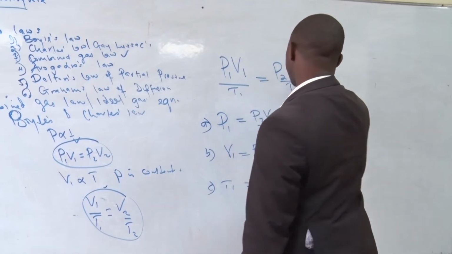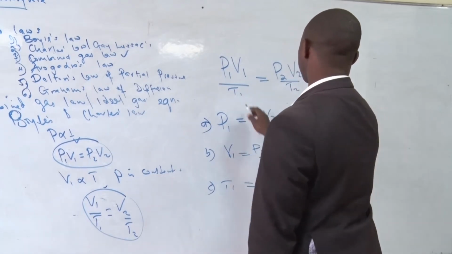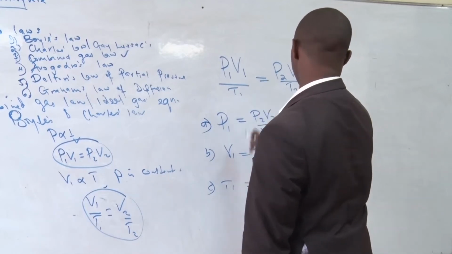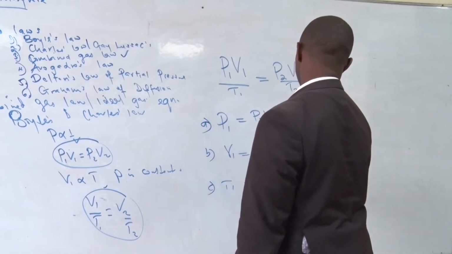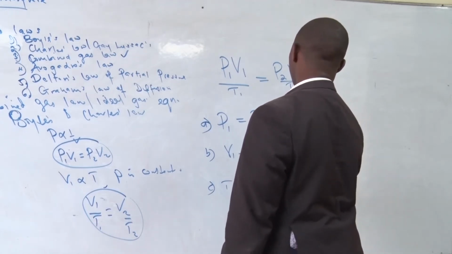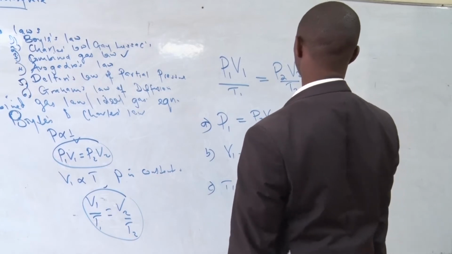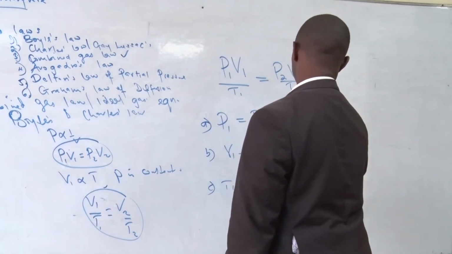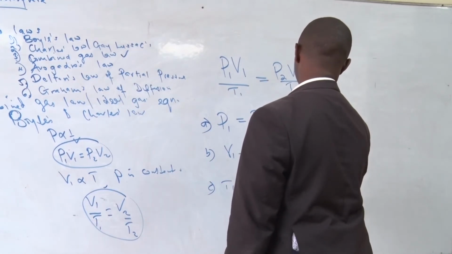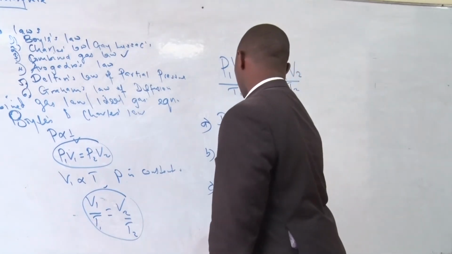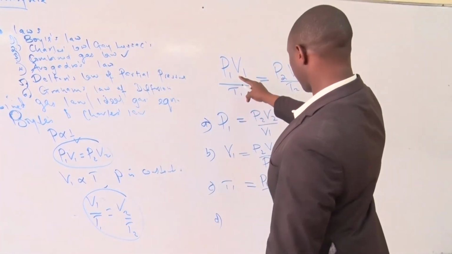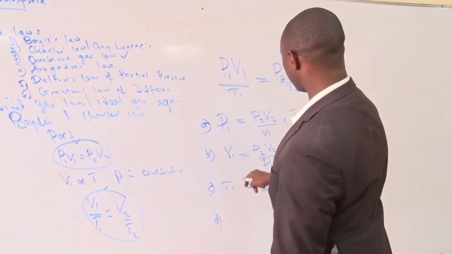So cross multiplying, we get that T1 is equal to P1 V1 times T2 all over P2 V2.